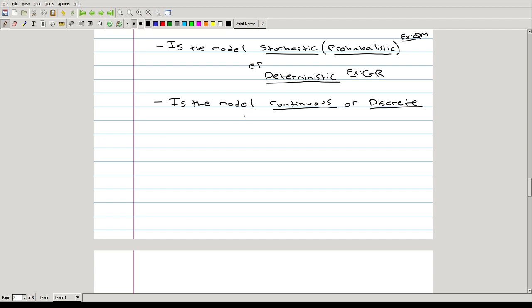And just like before, you can say, or is it a combination of both? There are many models that require you to consider both discrete forms of the model along with continuous forms and combining them.